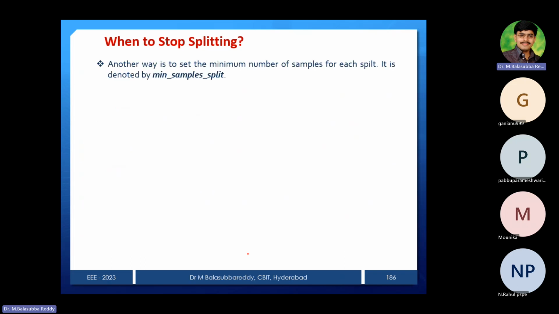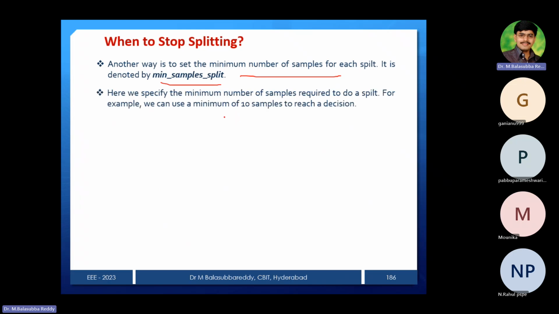Here, the minimum number of samples for each split is denoted by minimum sample split. It is the minimum number of samples required to do a split.